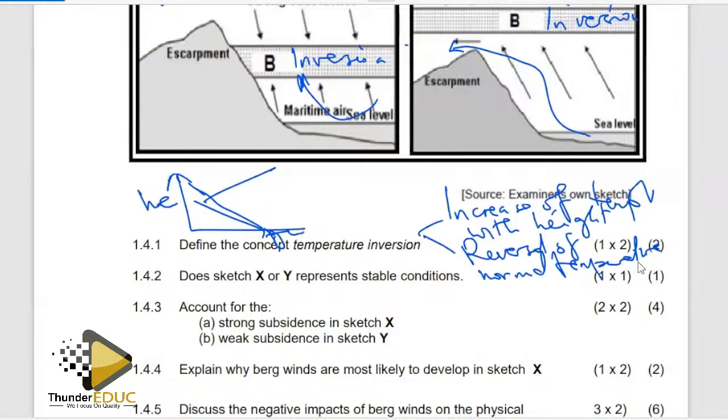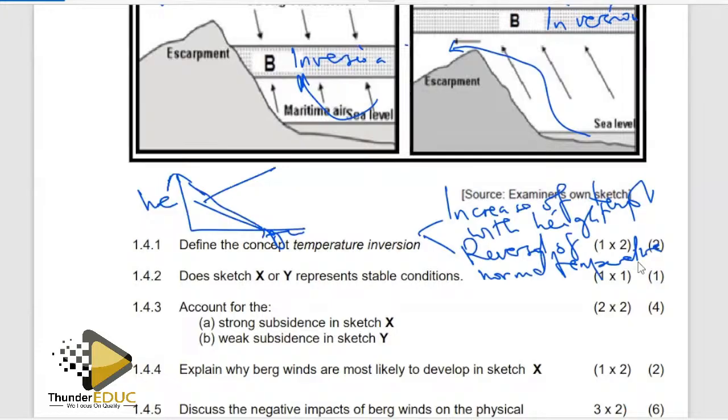So it's an increase of temperature with an increase in height. That is an inversion, or the reversal of the normal temperature profile in the troposphere. We know that in the troposphere, the higher we go, the cooler it must become. But if it becomes warmer as we go up, then it's a temperature inversion.